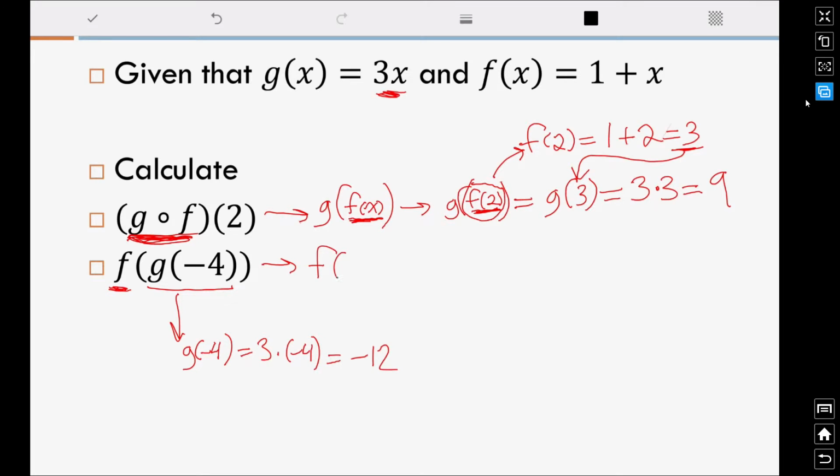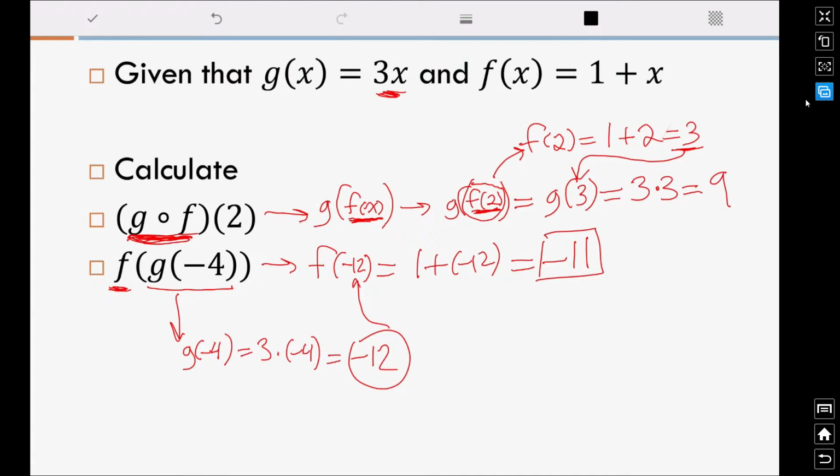And then we'll put the negative 12 into f. So f of negative 12 equals 1 plus negative 12. What's 1 plus negative 12? That is negative 11. There we go.